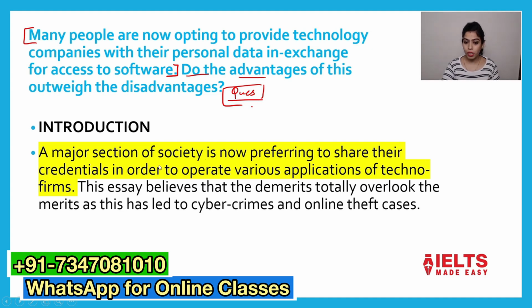A major section of society is now preferring to share their credentials in order to operate various applications of techno firms. So what are the majority of people doing? A major section of society, which I have used for many people, is now preferring to share their credentials, personal data, to operate software. So this is the way I have paraphrased it, and this is the easiest method we can use.